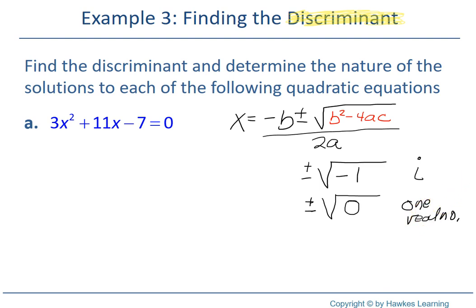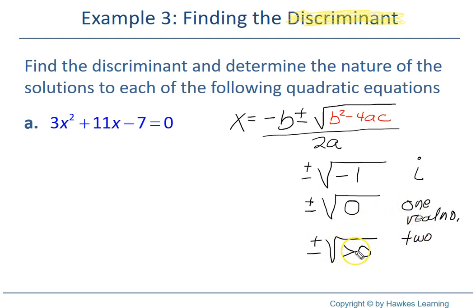And we also said that if you had values that were greater than 0 under the radical sign, then you would get 2 real number values.